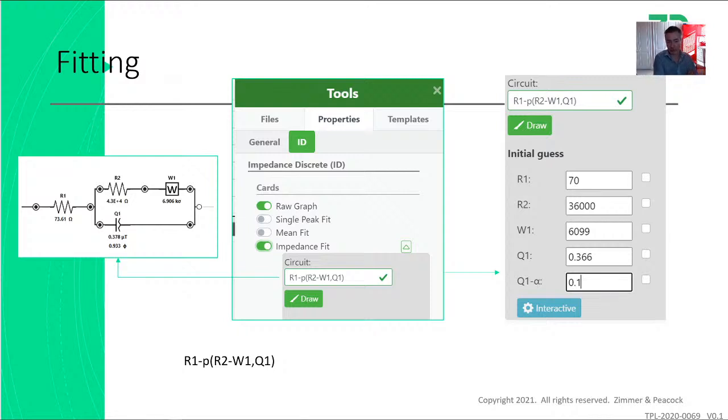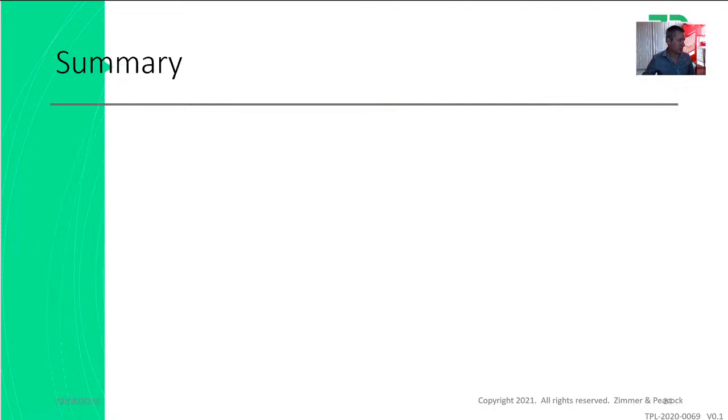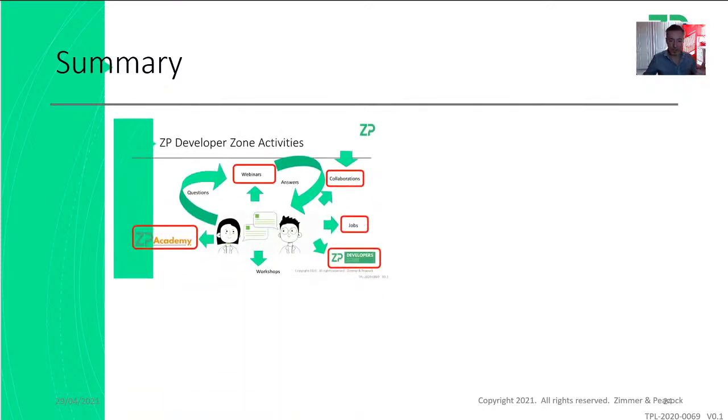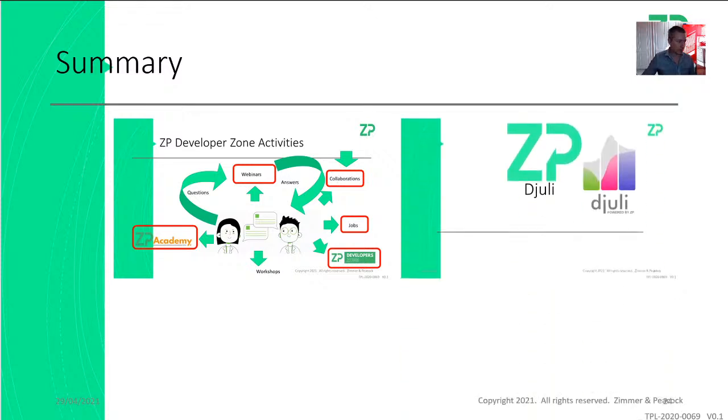I saw a question was posted on the forum about 4 minutes before we started, so I wasn't able to get to that one. But let me just do a quick summary for this week. At ZP, we look at the forum.